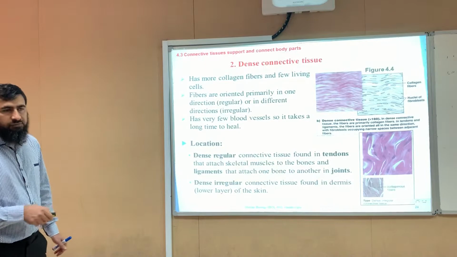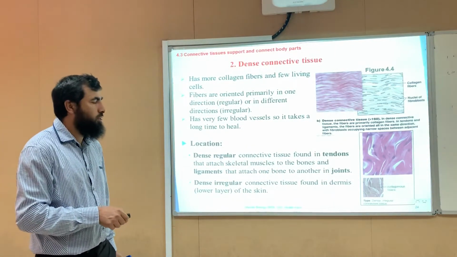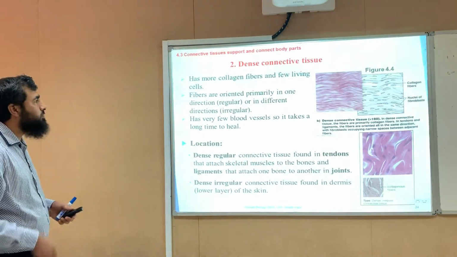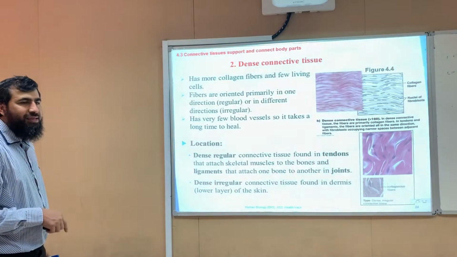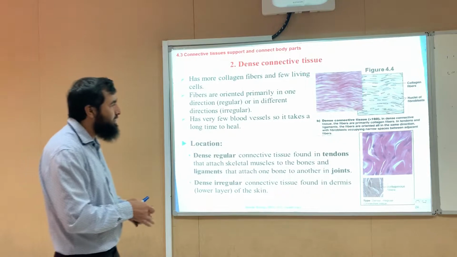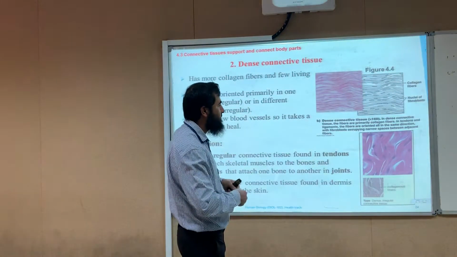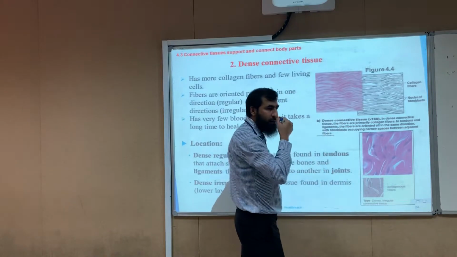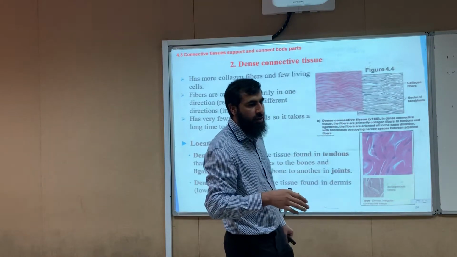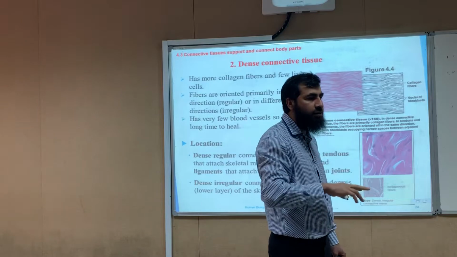In dense connective tissue, the fibers are more organized, okay? The name obviously gives it away. If you have a look here, this is a tendon, okay? Remember, tendons connect muscles to bone.